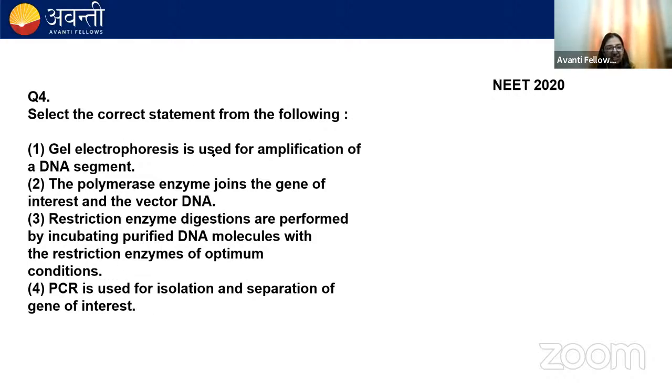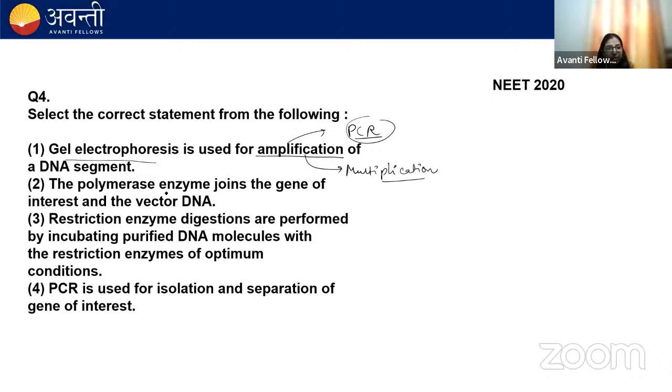Statement 1 is saying that gel electrophoresis is used for amplification of DNA fragment. No, for amplification, we require PCR. Amplification means multiplication. So we require PCR, not gel electrophoresis. We require gel electrophoresis to separate the fragments of the DNA.